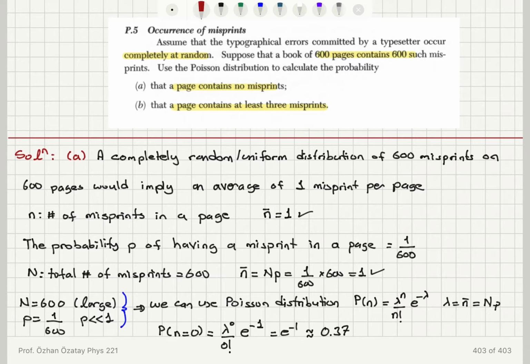So the answer to part A is 0.37, or e to the minus 1.